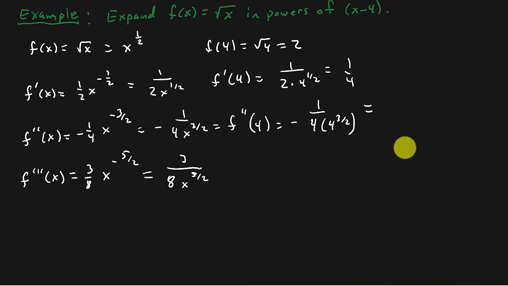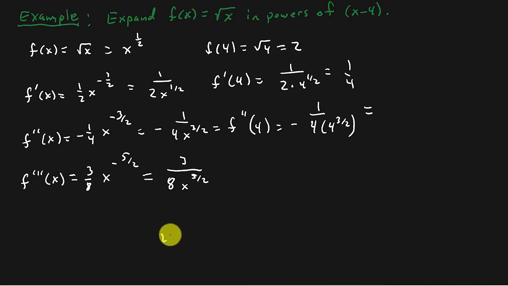Let me just do this one time. 4 to the 3/2 is the same thing as the square root of 4 cubed, if we change it to radical form. The square root of 4 is 2, and 2 cubed is 8. So we get 8 times 4, that's negative 1 over 32.